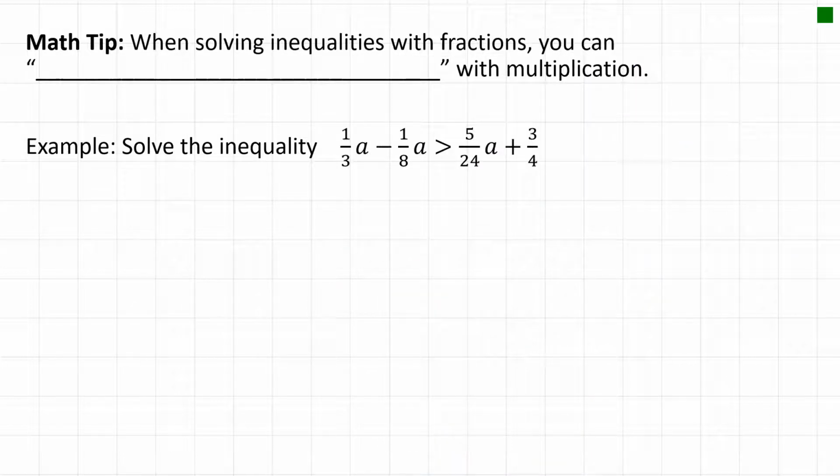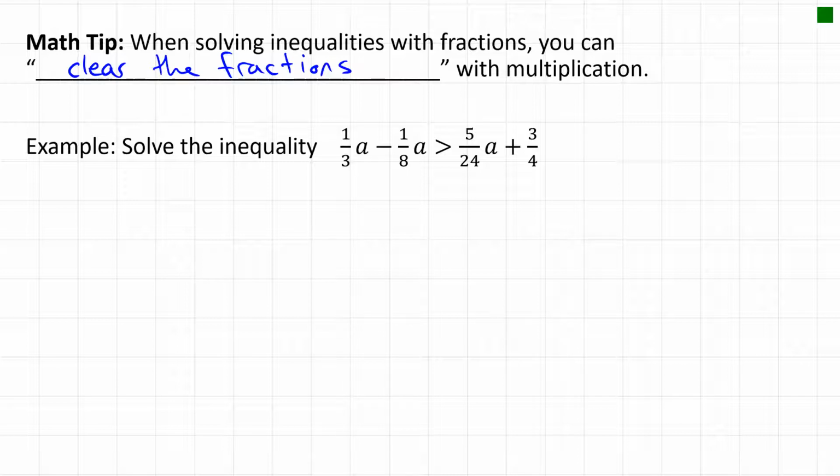There's one more math tip we want to give you, and that's when you're solving inequalities with fractions, you can clear the fractions before solving. And you've probably seen this technique. We've used it before in this course, and it's also something that you might have seen earlier.